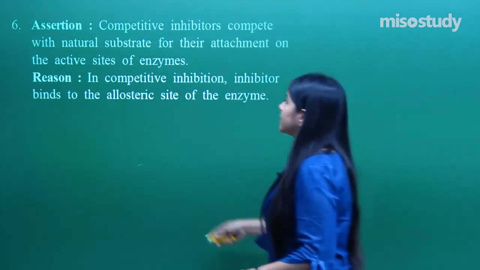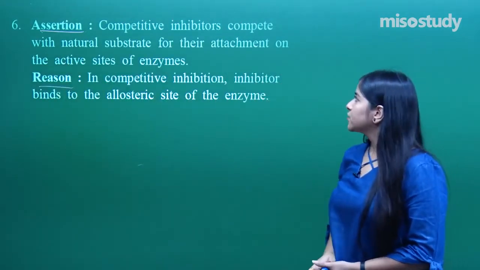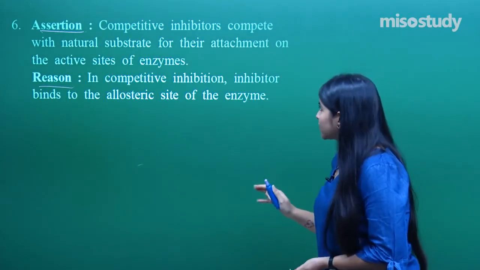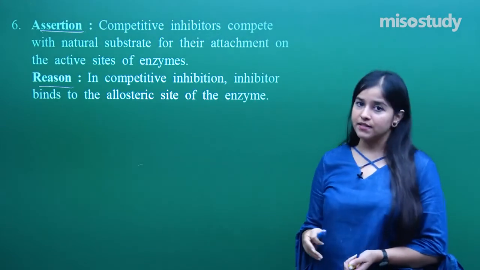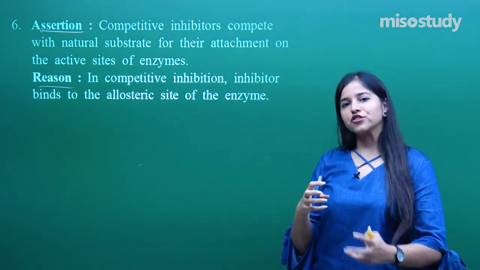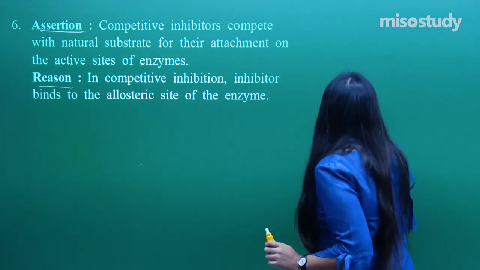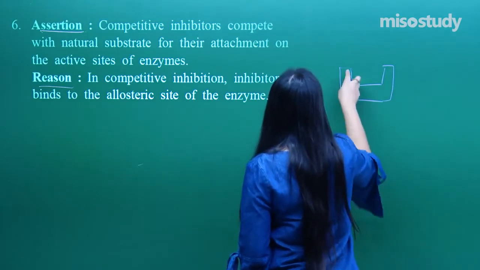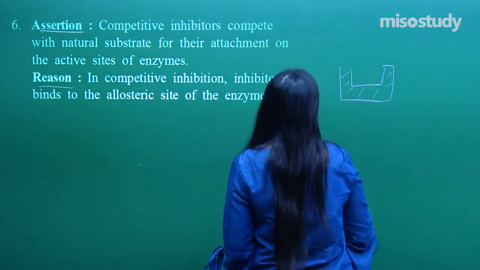See, it would be written something like this: assertion will be given and reason will be given. Assertion: competitive inhibitors compete with the natural substrate for their attachment onto the active sites of the enzymes, right? So you should know how these inhibitors actually act. See here, as I have drawn something like this, this is basically an enzyme, it has an active site, right?